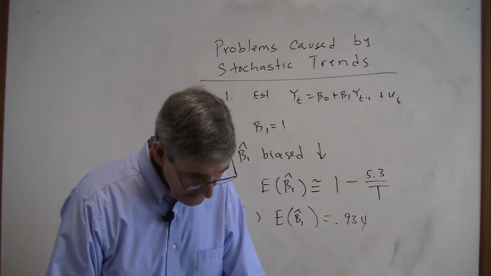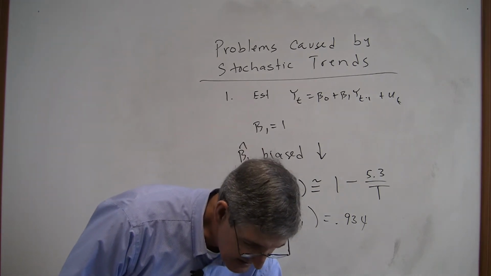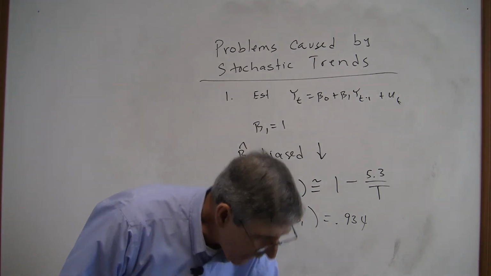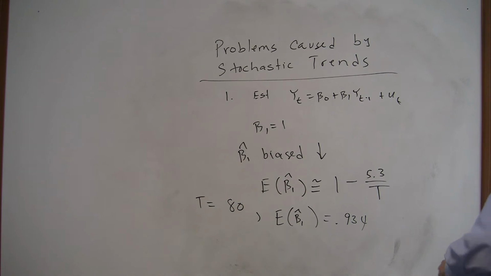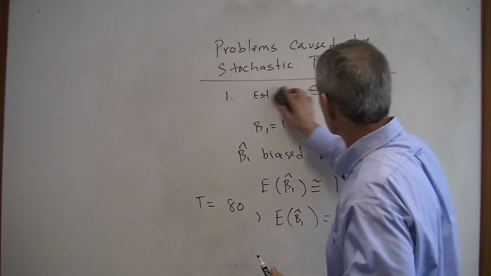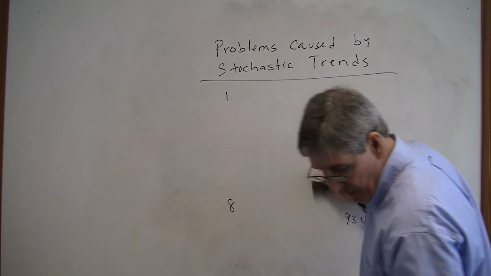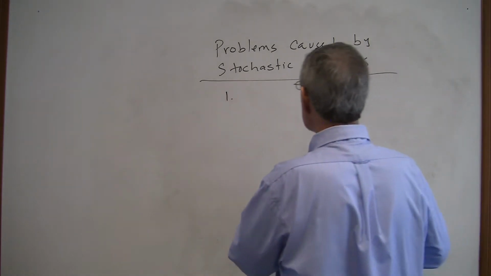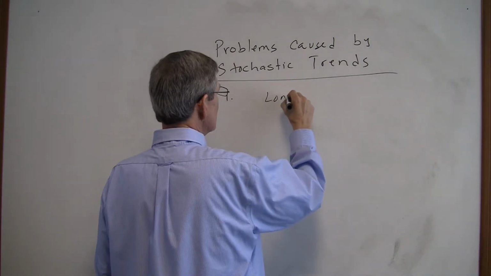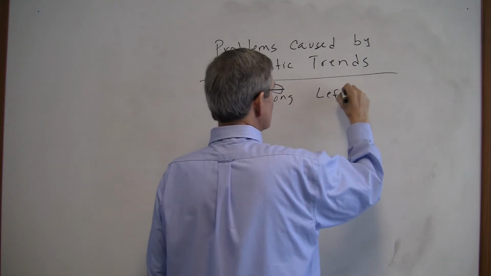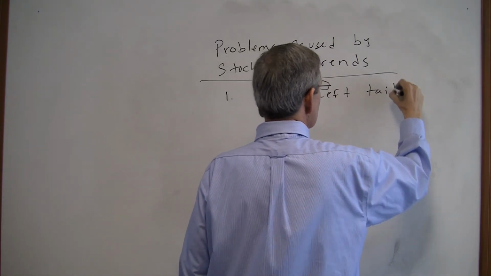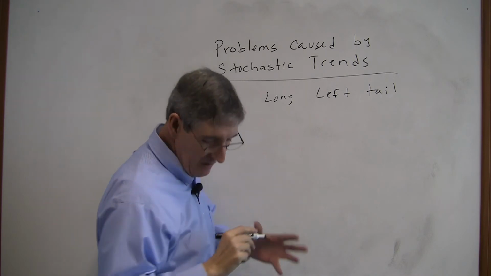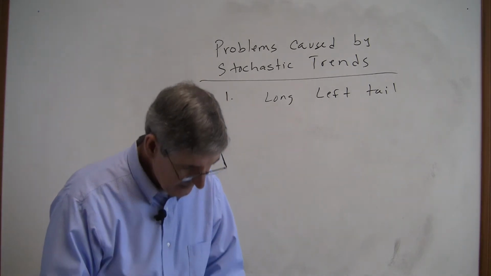So OLS on non-stationary models just doesn't give you the right answer. Also, and this is still the first problem, it has a long left tail. That is beta 1 hat. The estimator of beta 1 hat has a long tail.